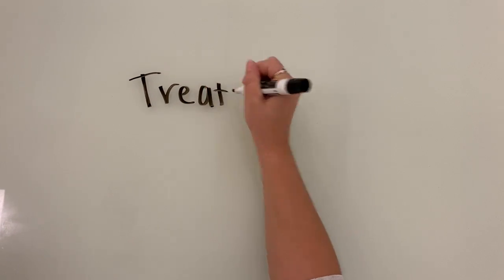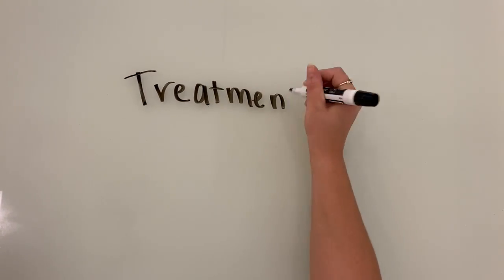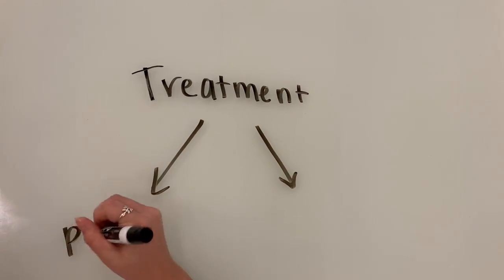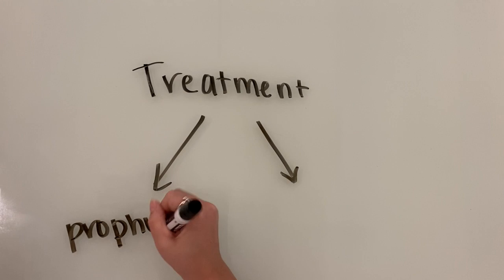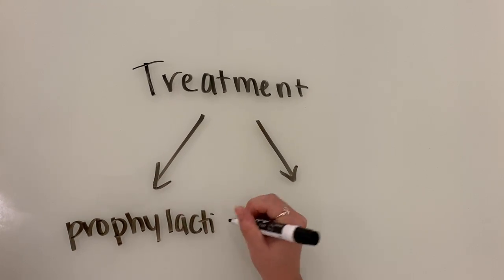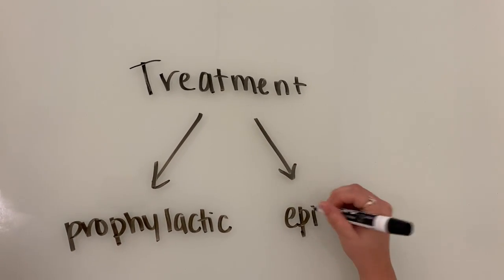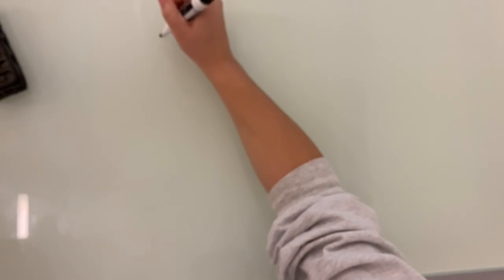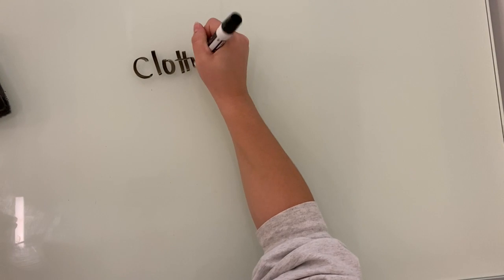Hemophilia treatment is divided into two categories: episodic care, which is used for emergency, and prophylactic care, which is used for prevention. Factor replacement is used in both types of care. This is where patients receive an infusion of the missing blood clot factor, so the person's blood is able to clot properly.